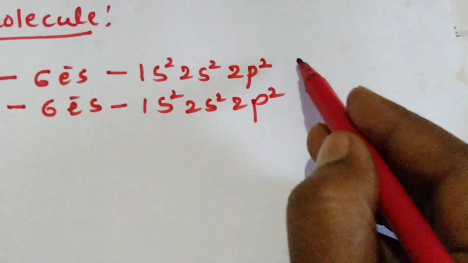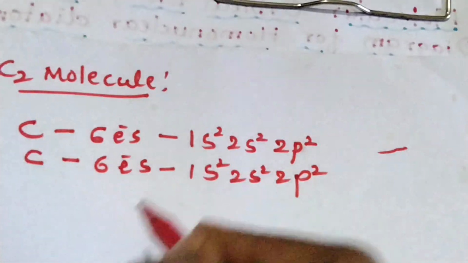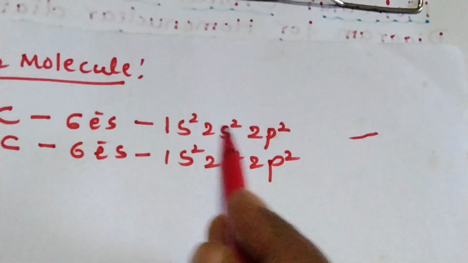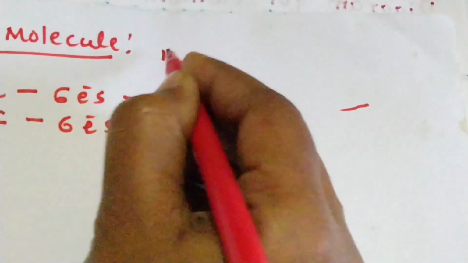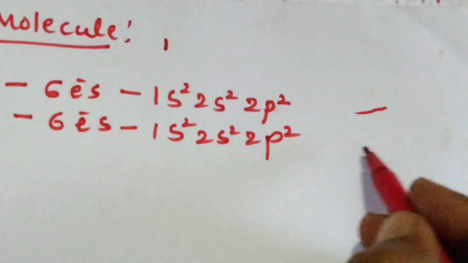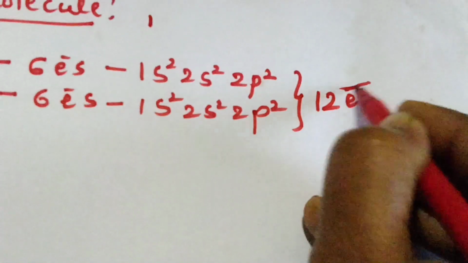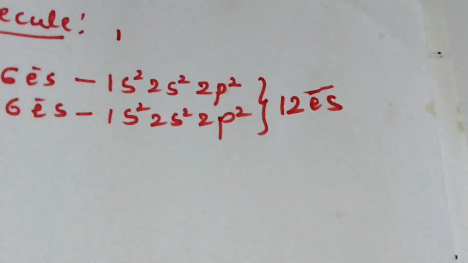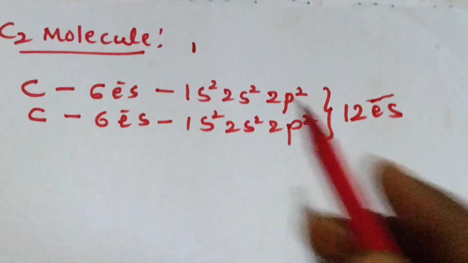So combining in a carbon molecule, the number of electrons will be 12. So I have told you that it is less than 14 electrons.